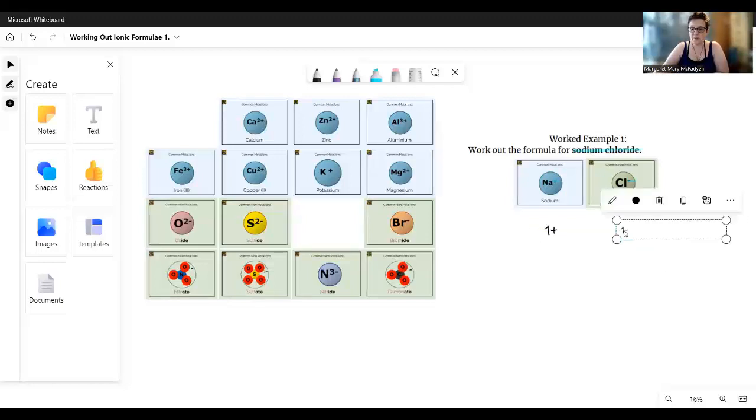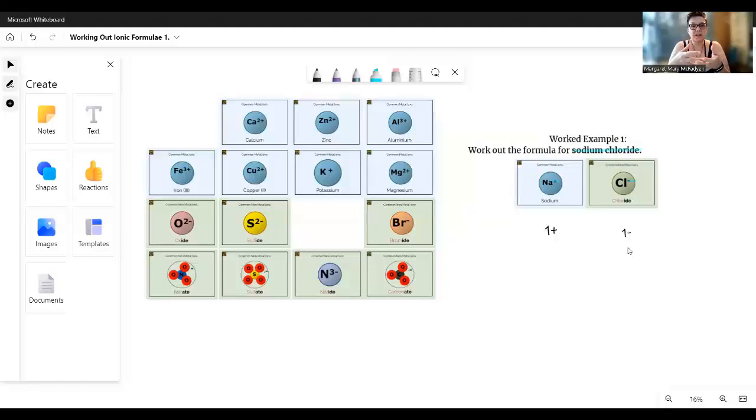Now, when we look at these two lined up together, what we can see is that these are equal. The positive charge is equal to the negative charge. So because they've got equal numbers, they will cancel each other out.